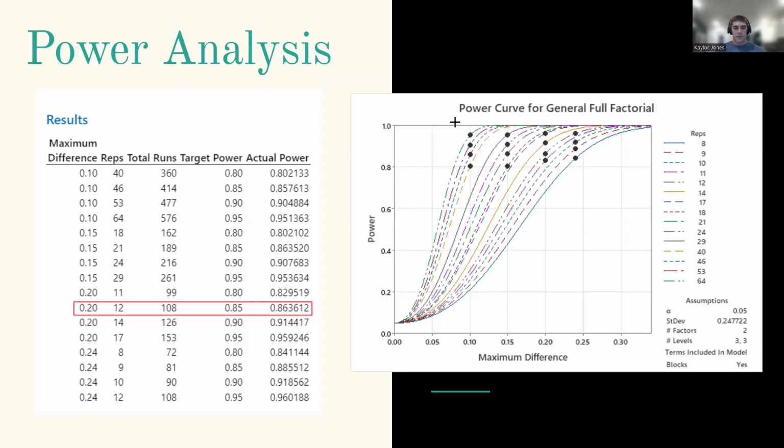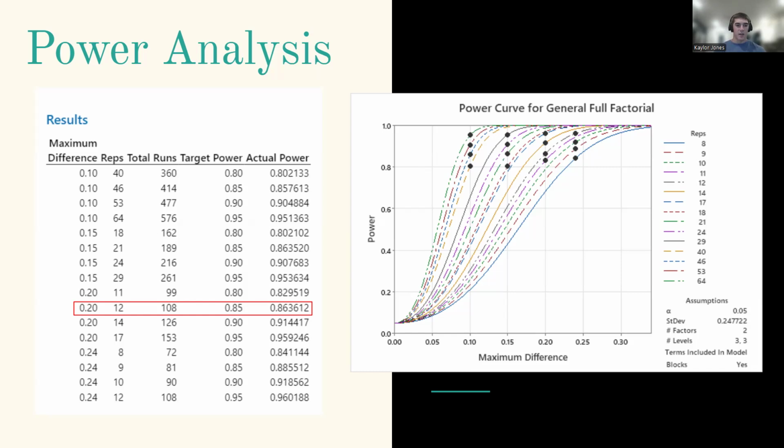Running the power analysis, we chose a bunch of different versions just to see which one would work best for our experiment. We looked at different maximum differences and how each would affect the number of reps needed, as well as different target powers. Based on these outputs, we decided our best bet was a target power of 0.85, with a maximum difference of 0.2, and using our standard deviation of 0.247.